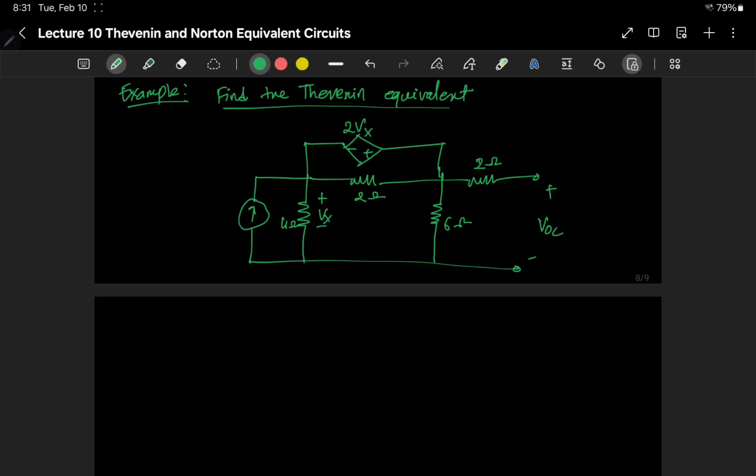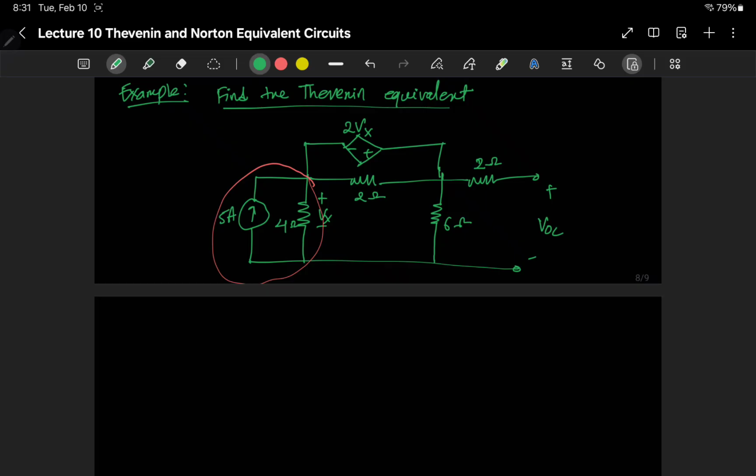Okay, so this is 4 ohm. So this is the problem, and looks like we have in here a practical current source, right? Let me write the value of this source, 5 ampere.